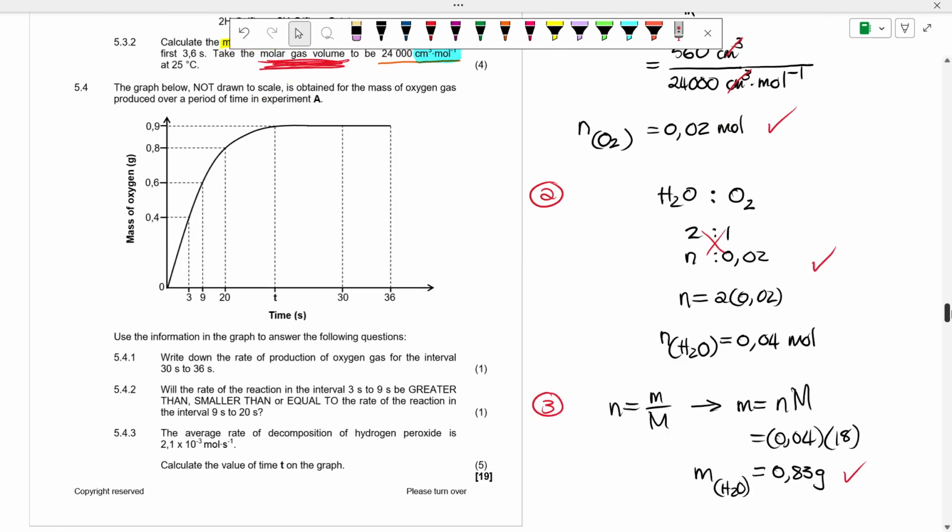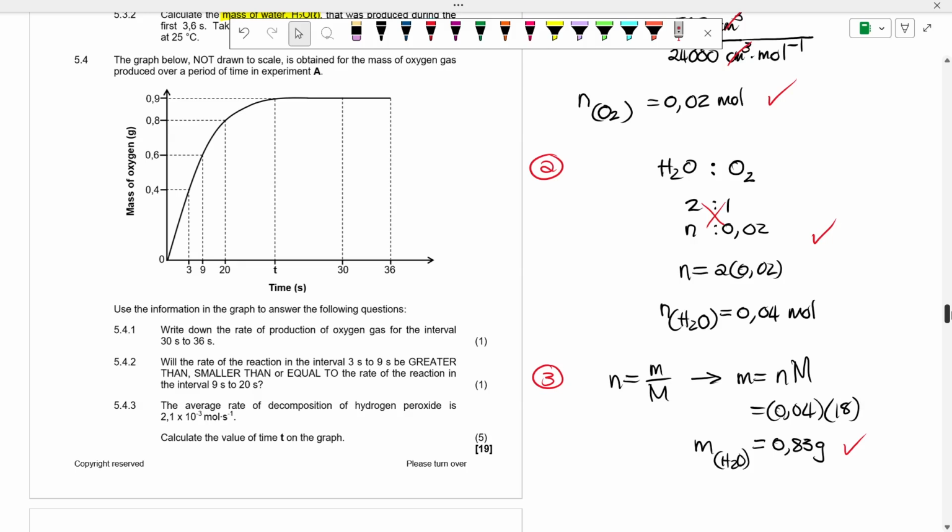This is a classical graph that you always kind of get in rate of reaction. And the graph is quite simple. What it says is that at time 0 seconds, we don't have any oxygen produced because oxygen is a product. Before the reaction starts, no oxygen is present. Then we start to produce oxygen as we go on.